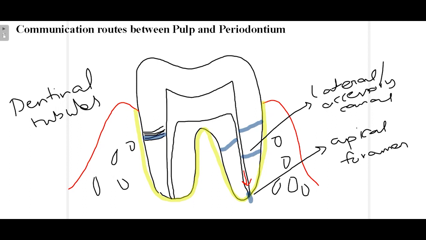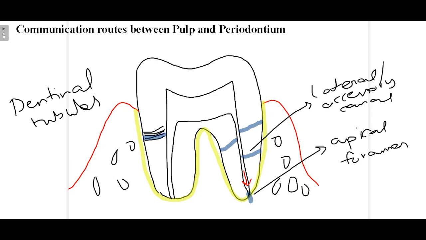Now talking about dentinal tubules, normally dentinal tubules are not exposed to the oral cavity because they are surrounded by a thin layer of cementum that is present over here, but in some cases the cementum might be missing or it has eroded away. For example, in some cases the cementum is congenitally absent, so the dentinal tubules are exposed and the bacteria invade through it and affect the pulp.